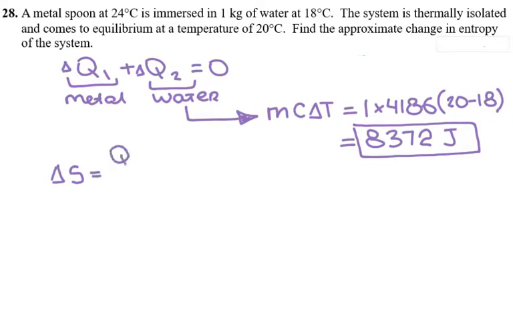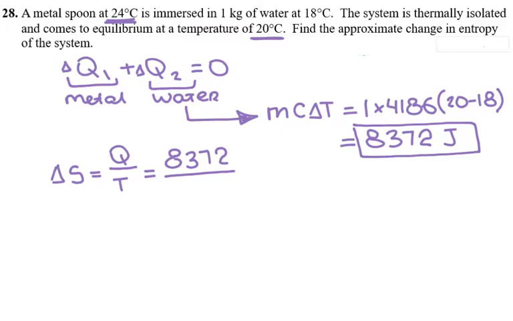That's the heat it lost over the temperature it had, and that's the average temperature. So the heat it lost is 8372, and the average temperature of the spoon between 24 and 20 is 22 degrees Celsius, but I cannot plug it in Celsius. I have to plug it in Kelvin. So I need to find the average in Kelvin as well.